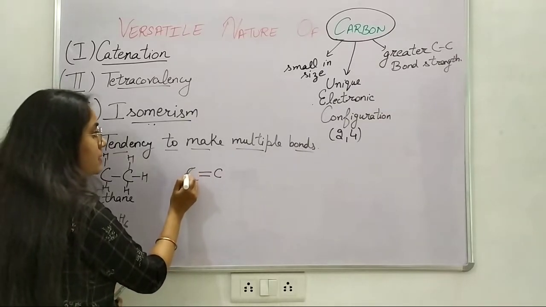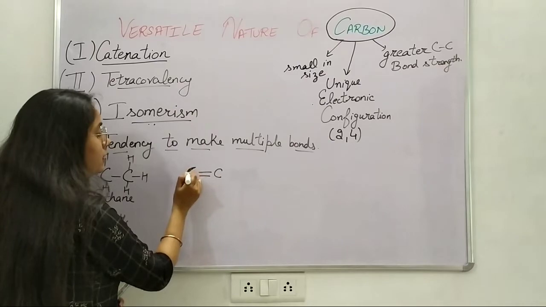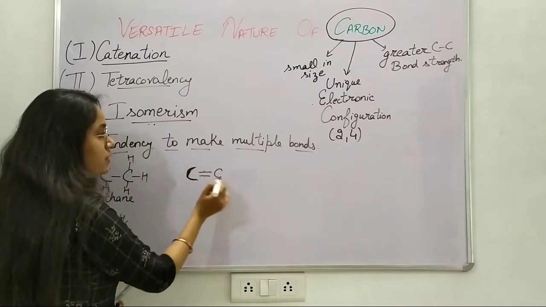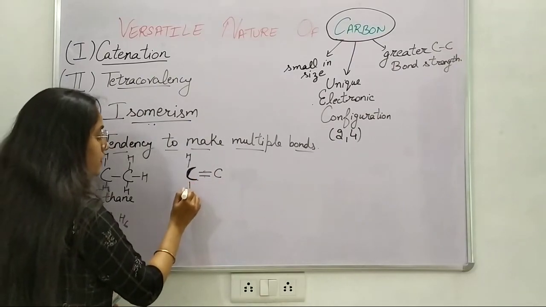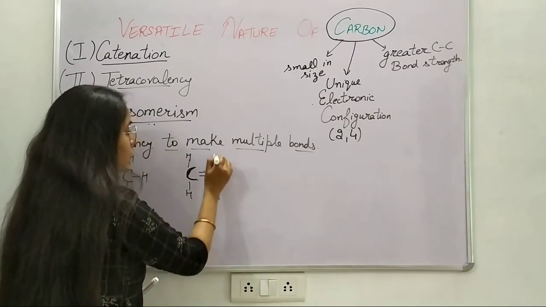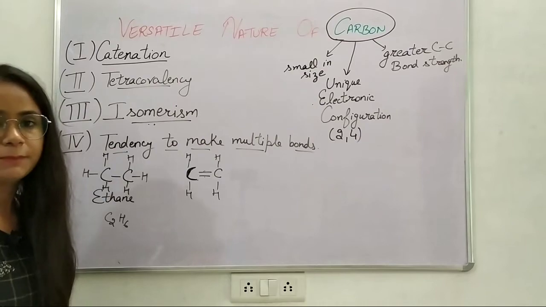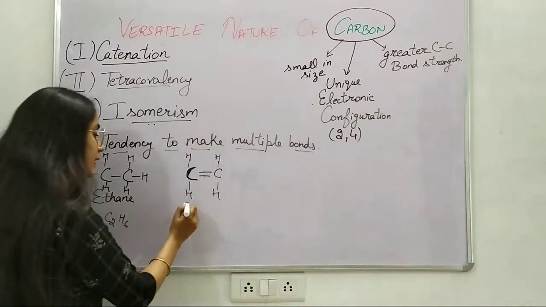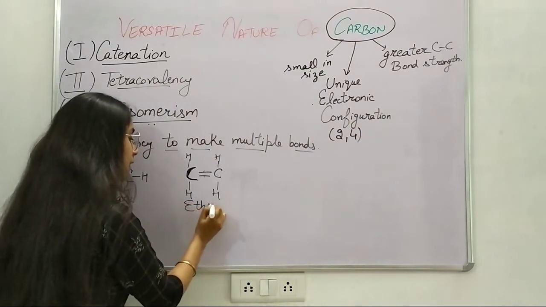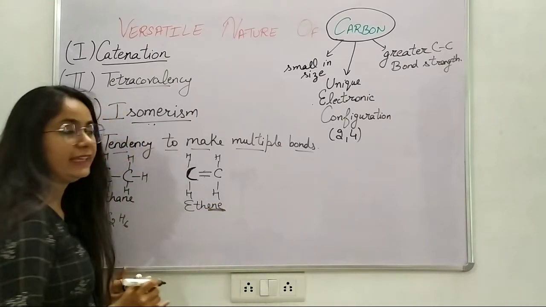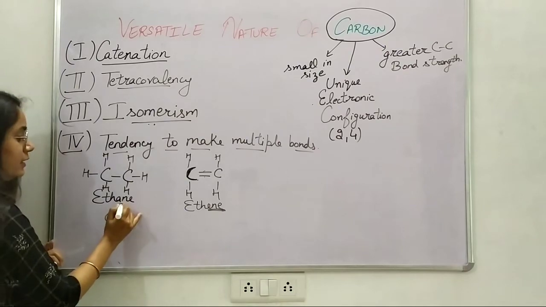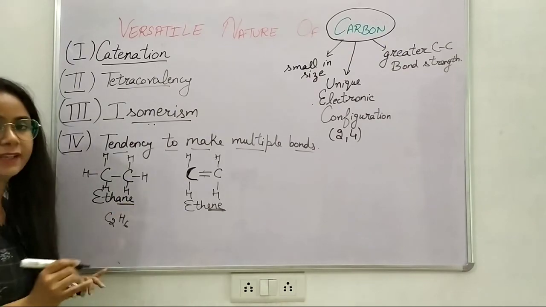Now these two carbons have already shared 2 electrons with each other. They only need 2 hydrogen. Now what kind of bond is it? Double bond. What is the name of it? Ethene. When it goes with the double, the ending will be ene. When it goes with the single, the ending will be ane.